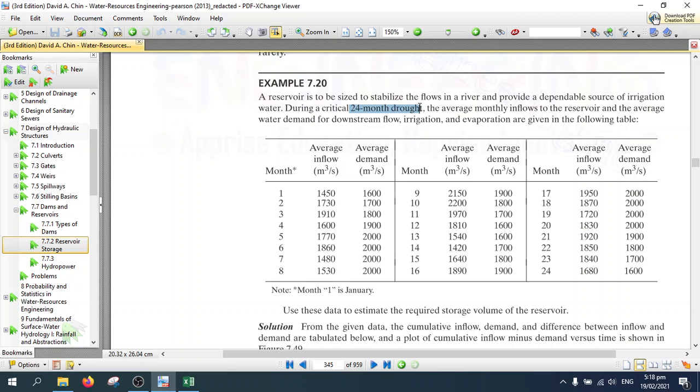A 24-month drought. And the data contains your average monthly inflow or water inflow from the watershed, and then the average water demand. All right, so this is probably a projected demand from the population that will be served by the dam.